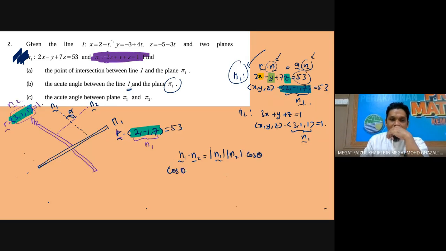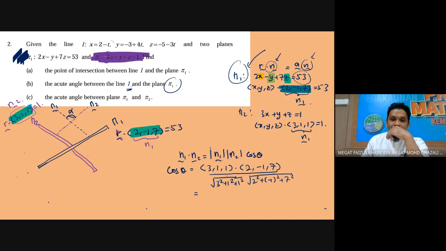So then cos theta equals n1 dot n2, where n1 is (3, 1, 1) dot n2 (2, -1, 7), divided by the square root of 3 squared plus 1 squared plus 1 squared, and another one here, 2 squared plus -1 squared plus 7 squared.